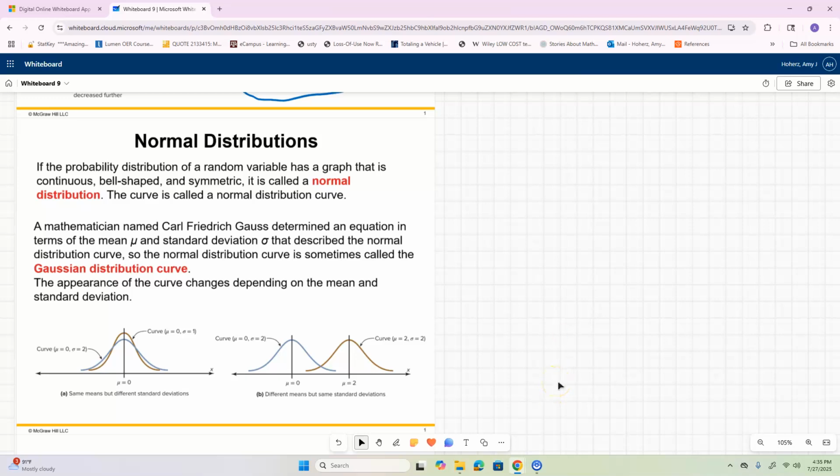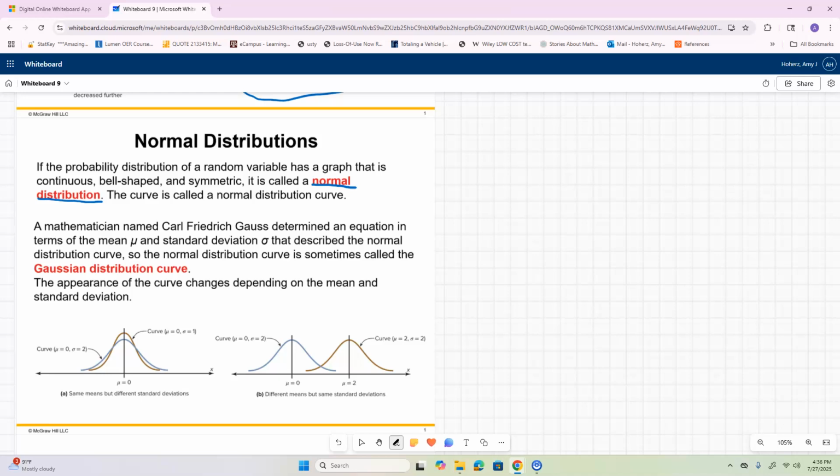So if the probability distribution of a random variable has a graph that is continuous, bell-shaped, and symmetric, we call that a normal distribution or a normal curve. And a mathematician named Carl Friedrich Gauss determined an equation in terms of the mean and the standard deviation that describes the normal distribution curve.